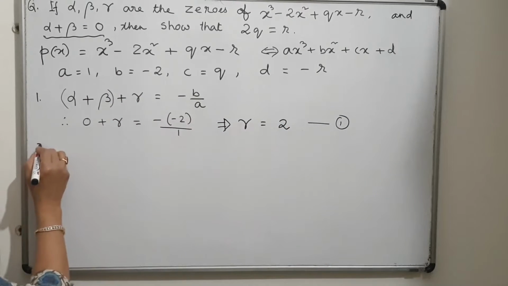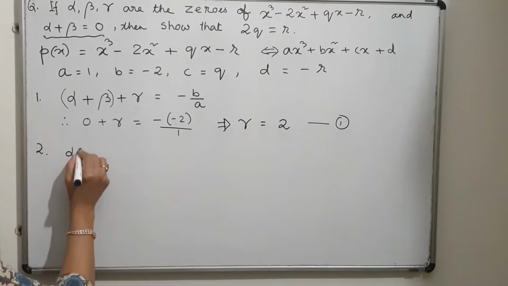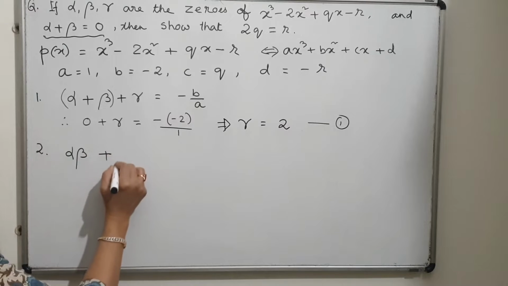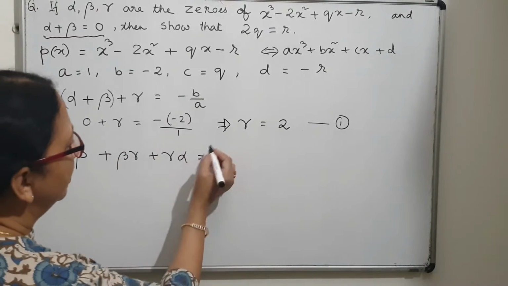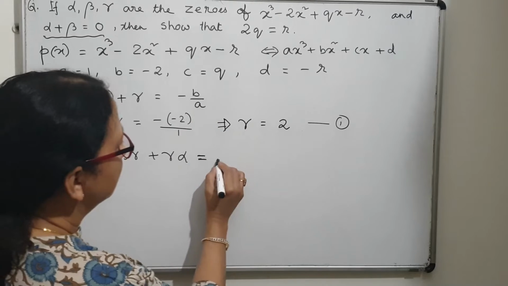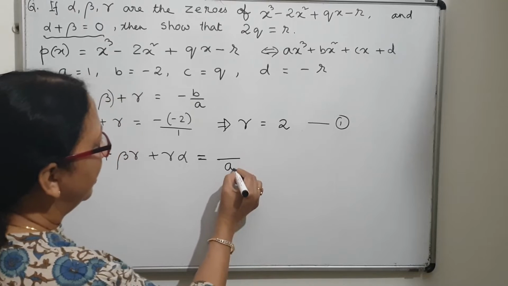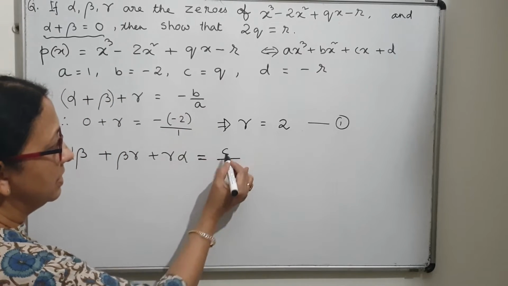Now let's come to the next relationship. That is the sum of the product of the zeros taken 2 at a time. We know, very easy to remember, minus, so the next term will be plus. The denominator is always a, and the numerator will go alphabetically. It was b, so it will be c. In this way, remember.